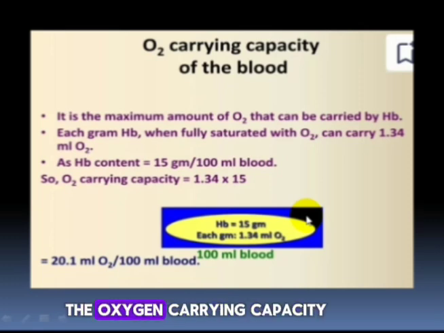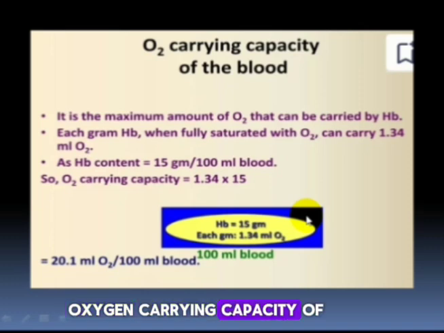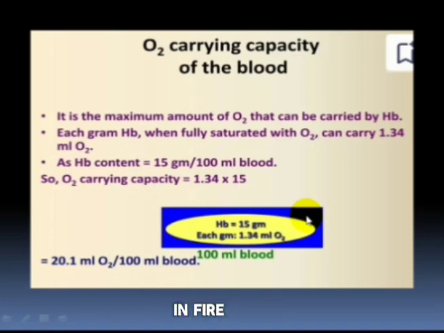The next one is the oxygen carrying capacity of the blood. This is defined as the maximum amount of oxygen that can be carried by hemoglobin. Are you following? Okay.